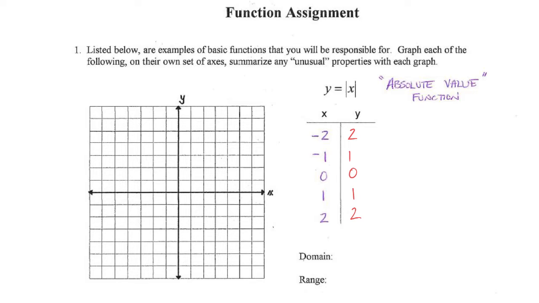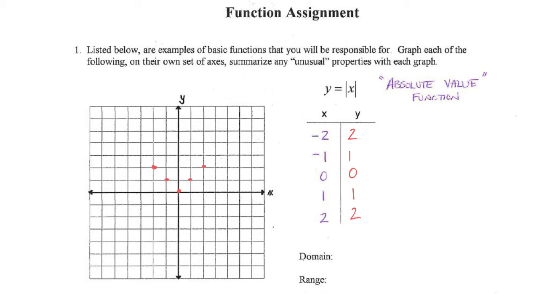If I plot those points relatively quickly, we should see that we get those points. I think we shouldn't have to extend our table, as those 5 points should give us enough feedback to predict what the graph of that function would look like. Now it's just a matter of putting it on our grid.